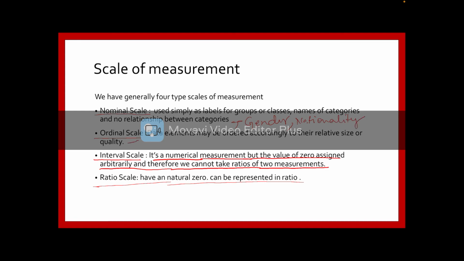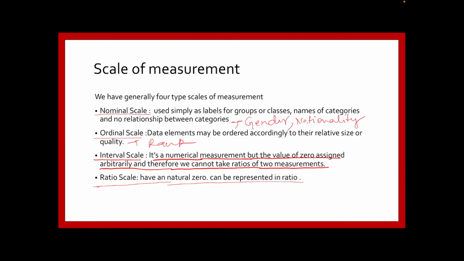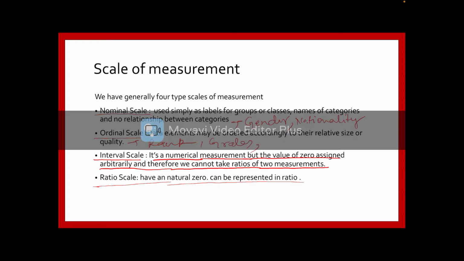Ordinal scale can be rank. There are categories first, second, third, but there is some kind of order, or grades, and some Likert scales, like likeness or satisfaction.